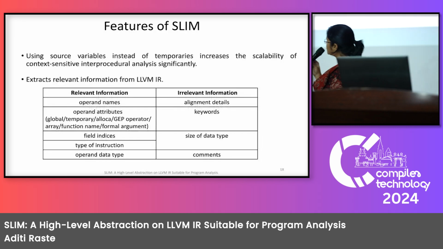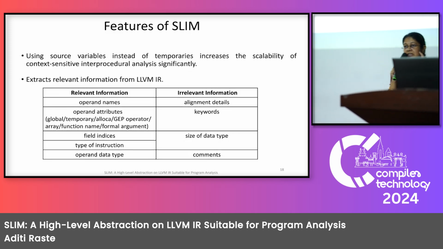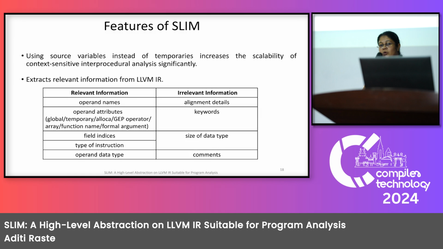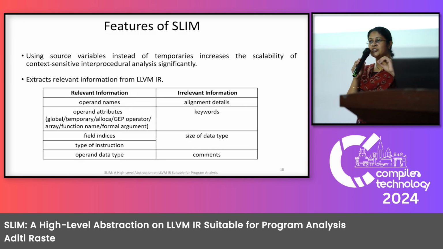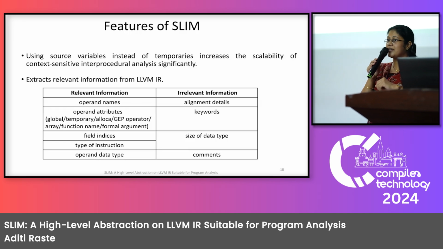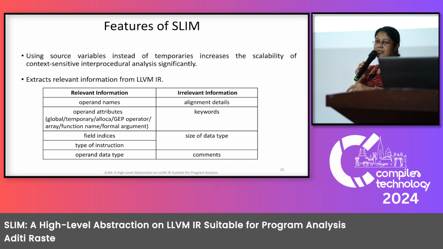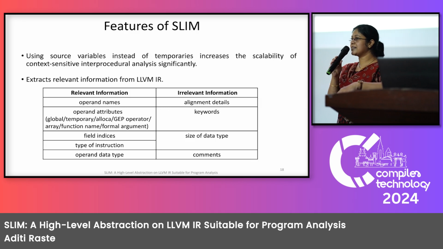So by using source variables instead of temporaries, in our experience, we have seen that it increases the scalability of context-sensitive inter-procedural analysis significantly. Also, SLIM extracts the relevant information from LLVM IR.